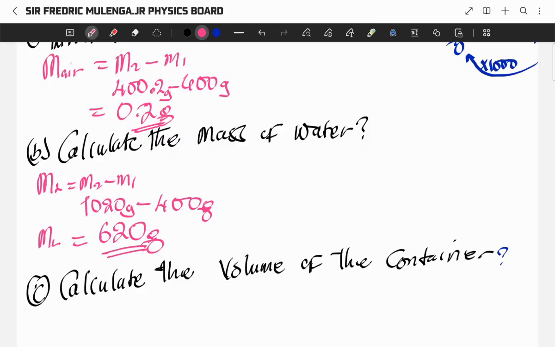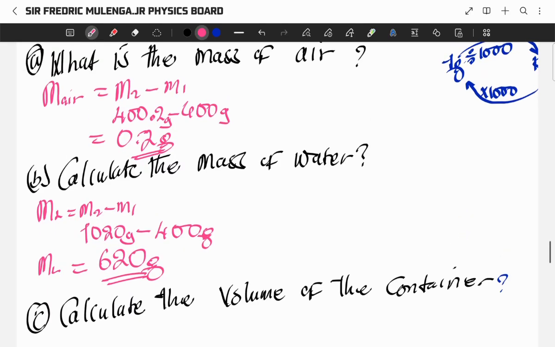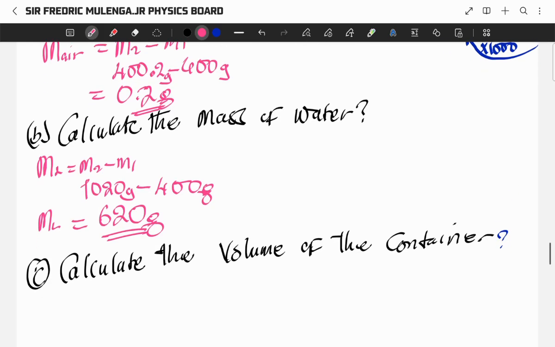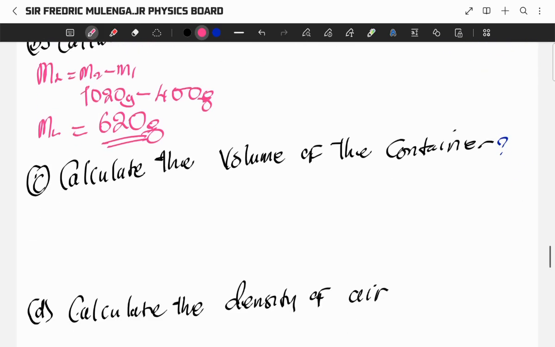Then the volume of a container. What quantities are you going to use to come up with the volume of a container? Initially we are only having masses. We've calculated the mass of air, we found the mass of liquid. We now need to find the volume of the container. So we'll use liquid. Why?